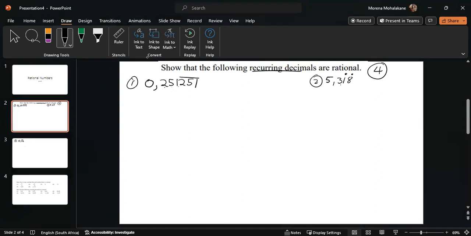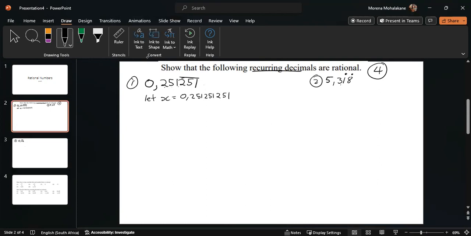So like we did, we're going to look at the decimals. The key thing, the first step, is to say let x be equal to 0.251, and because it continues, we can write it like this.